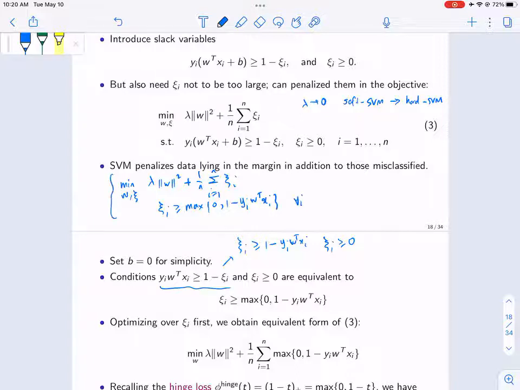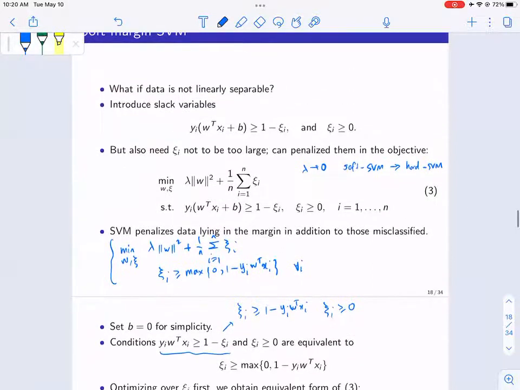So what kind of simplification happens here? Don't look at the solution. What happens, for example, if I first fix w and then minimize over ξ? I can eliminate the minimization over ξ if you think of it that way.